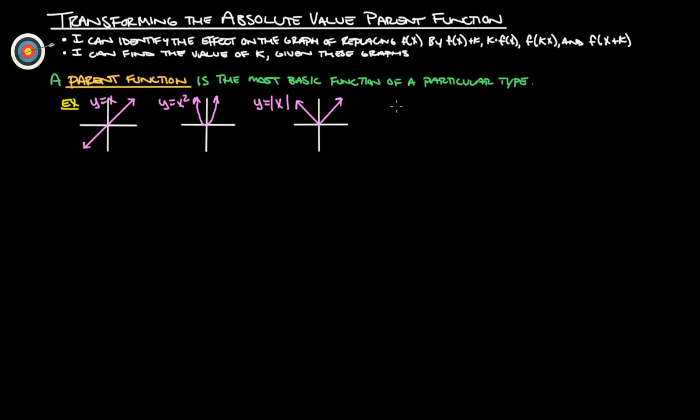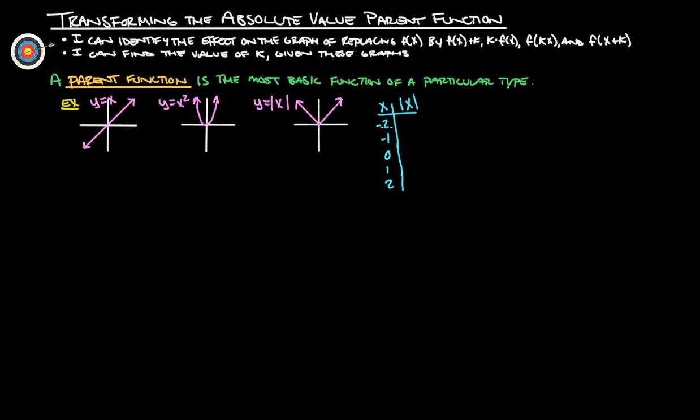So just to remind you, on a t-chart, here's our x, and instead of putting y, I like to put y equals, so then this would be absolute value of x. We usually like to do -2, -1, 0, 1, and 2.